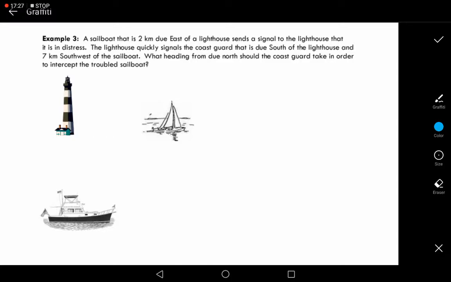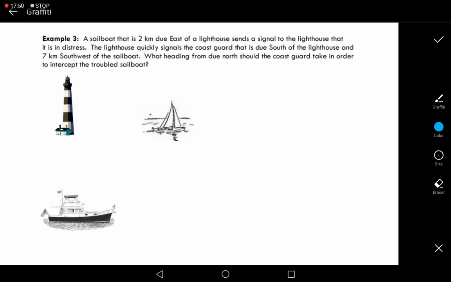Thankfully, we have these images drawn for us on our page, so all we need to do is essentially connect them. Okay, so I'm going to start by doing that. Or actually, no, we should start with step 1. So what heading from due south should the Coast Guard take in order to intercept this sailboat?